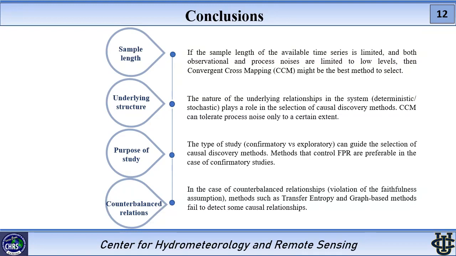If there is a strong stochastic component, then methods like transfer entropy and PC are more preferable. And lastly, the purpose of a study, whether it is confirmatory or exploratory. In a confirmatory study, where you already have a defined set of relationships that you want to confirm, you would like to control the false positives, and therefore you might opt to use transfer entropy or PC.